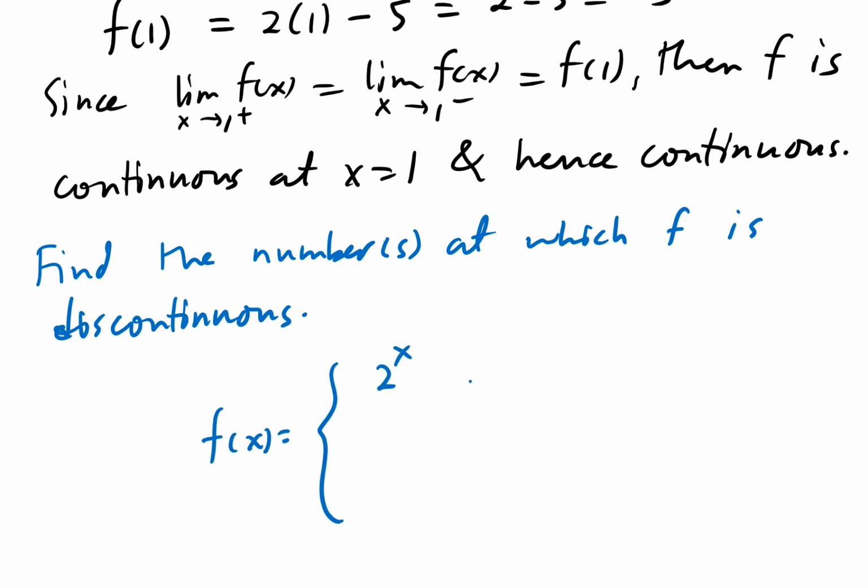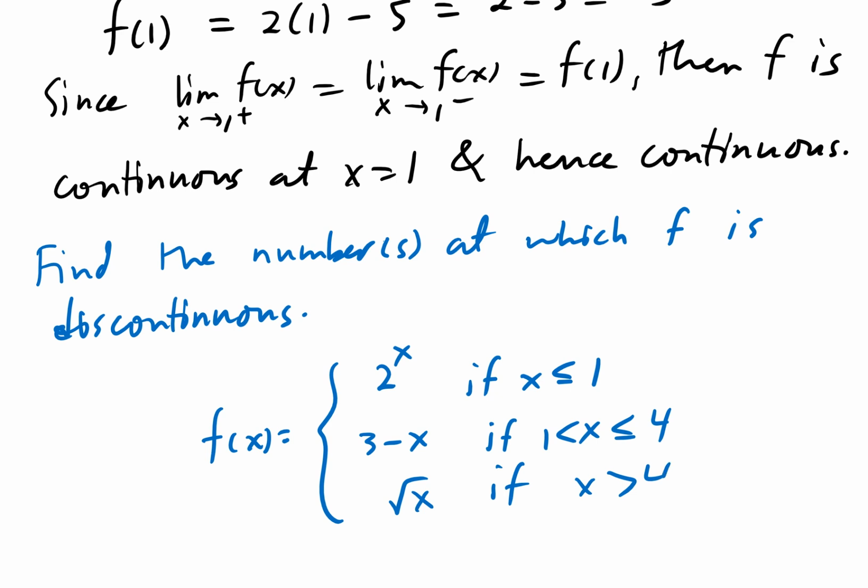Two to the x if x less than or equal to 1, 3 minus x if 1 is less than x less than or equal to 4, and the square root of x if x bigger than 4. So we need to find the numbers at which f is discontinuous.